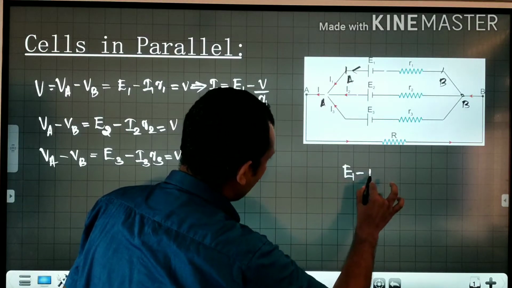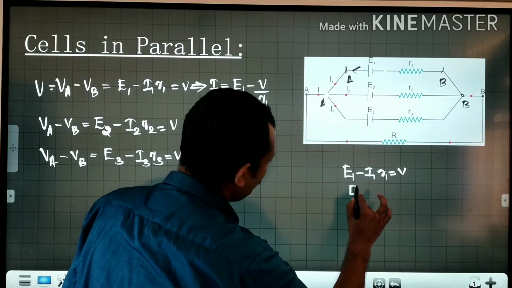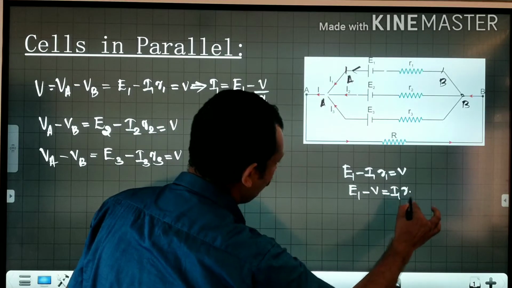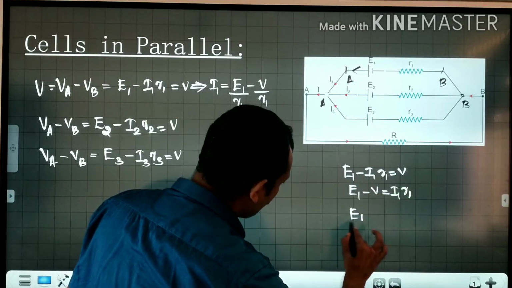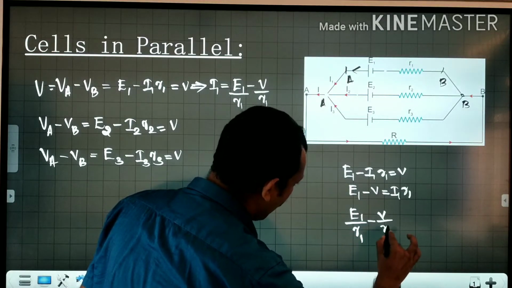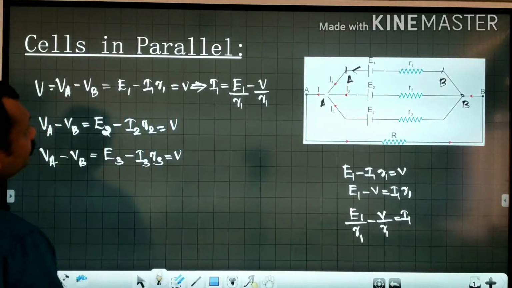E1 minus I1 R1 is equal to V, which means E1 minus V is equal to I1 R1. Now dividing by R1, E1 by R1 minus V by R1 is equal to I1. Is it clear to all of you?